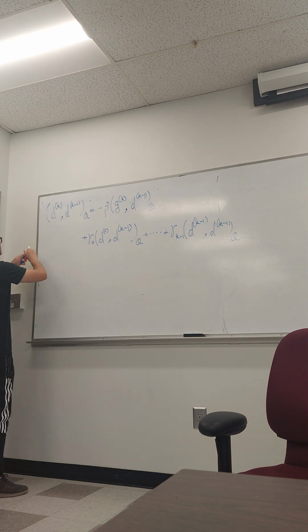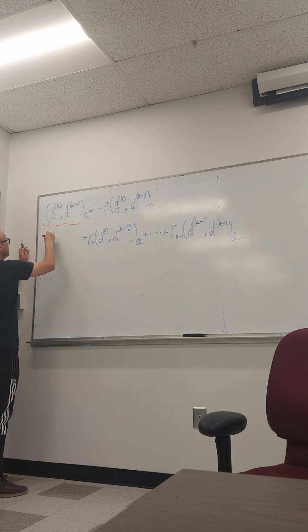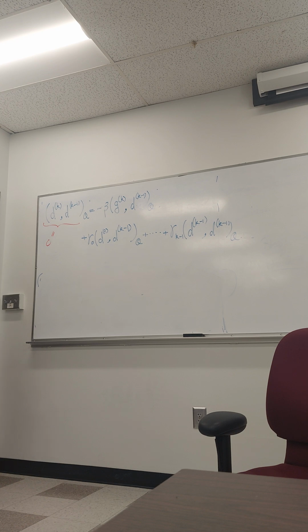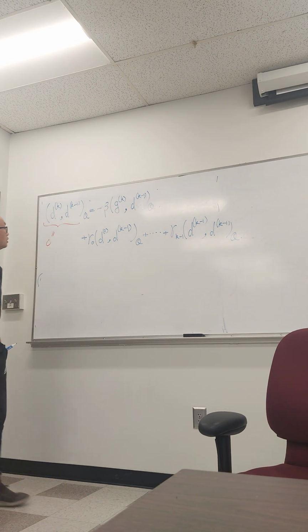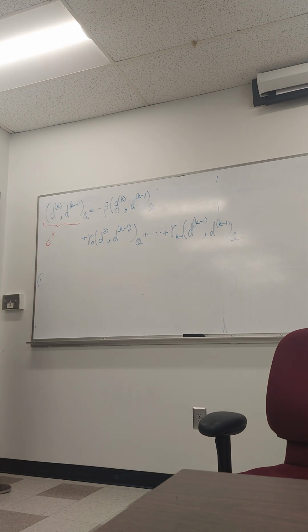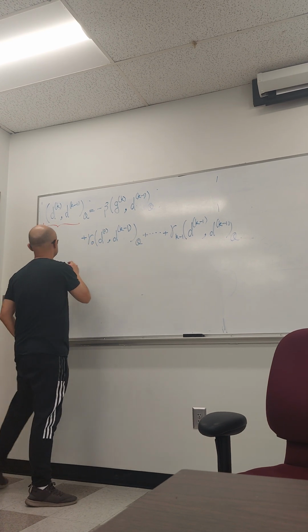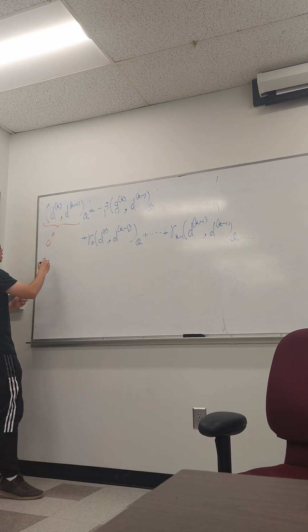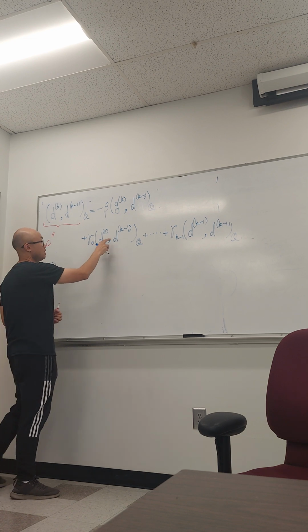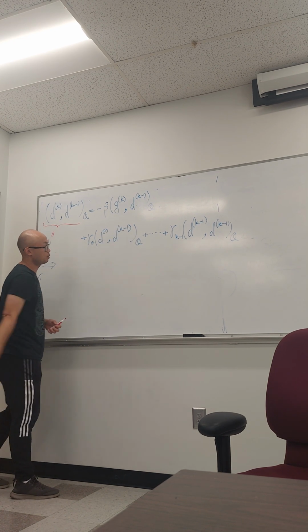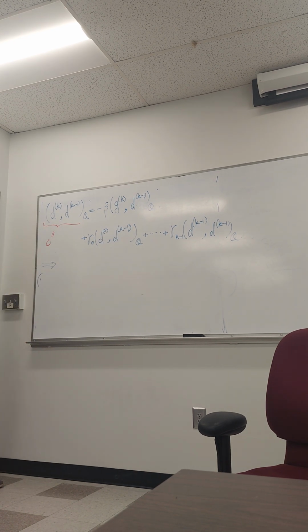So we want to set this part to be 0. Once we set this part to be 0, all previous parts are 0, since d0 inner product with d^{k-1} in the Q norm is 0.